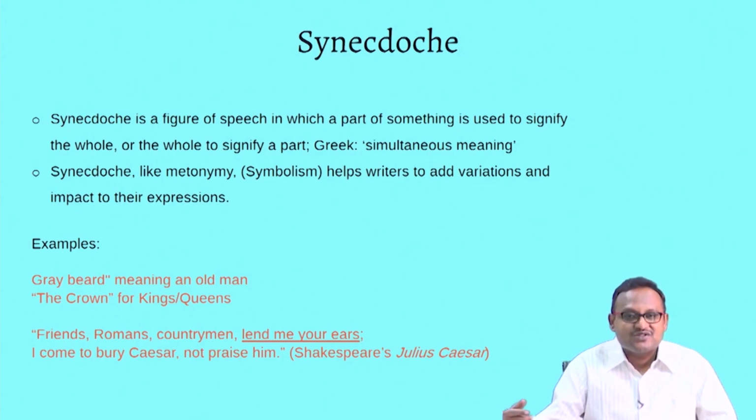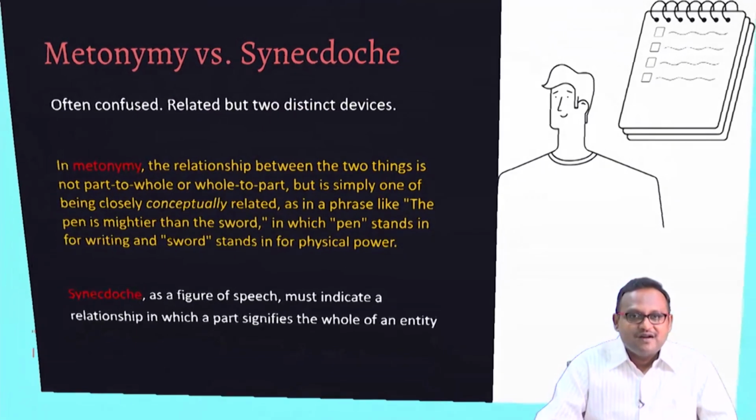It's not that he's asking the audience to give him their ears. Here ears stands for entire attention. I want your attention, I want you to listen to me. So, a part, ears, represents the entire human being. So, these are some well known examples. I am sure these examples help you understand the concept a little better.